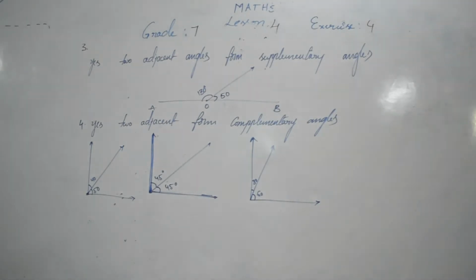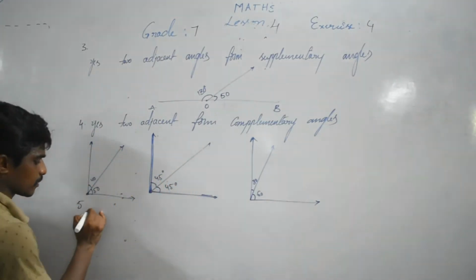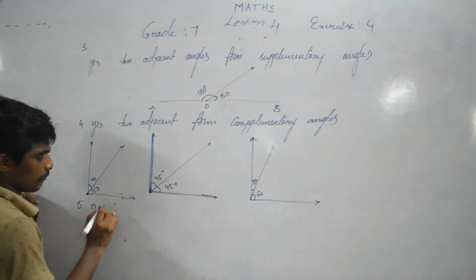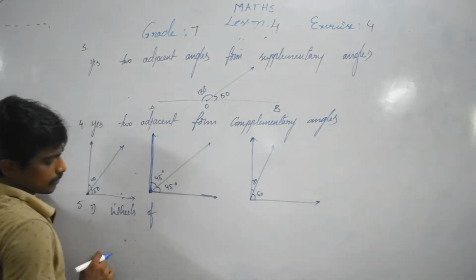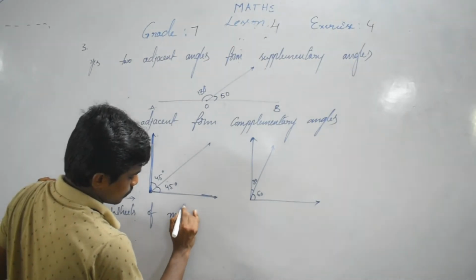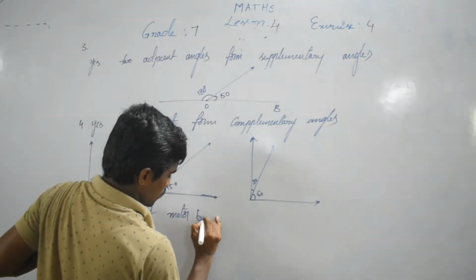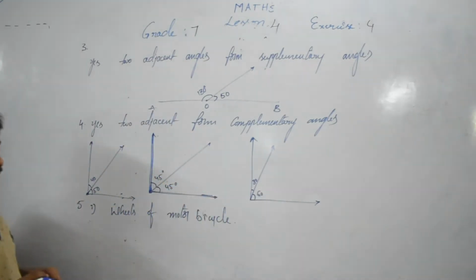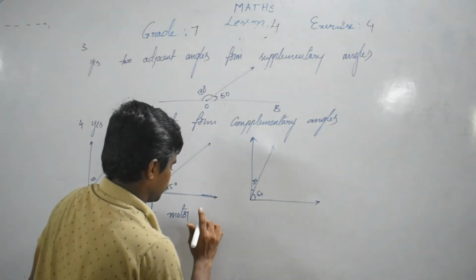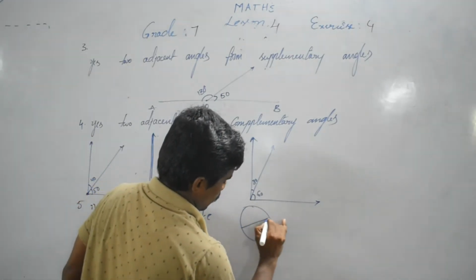Next one, fifth one. Write four examples of adjacent angles in your daily life. First one, wheels of a motorbike.